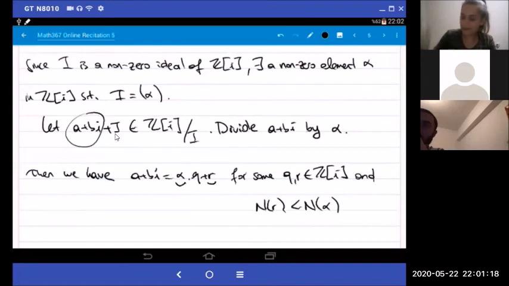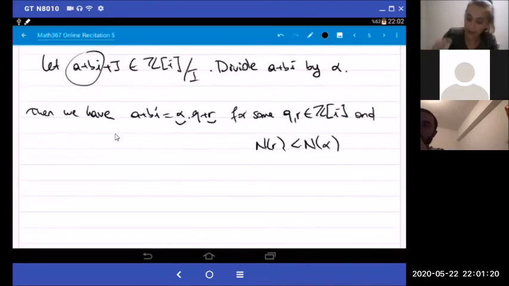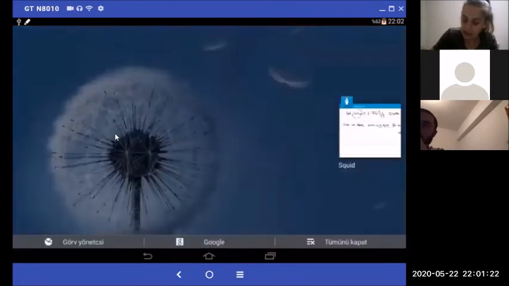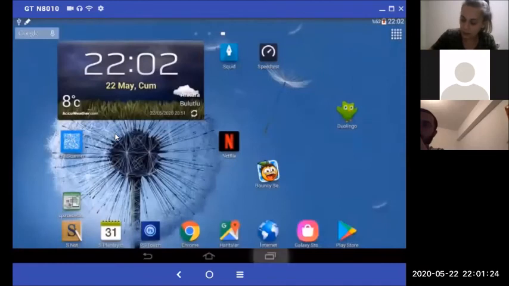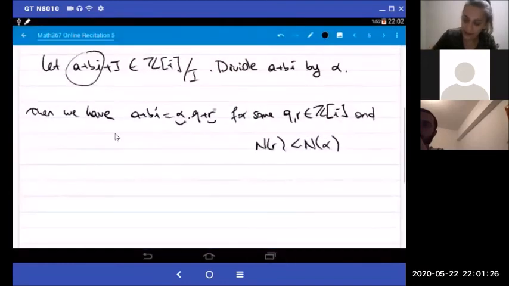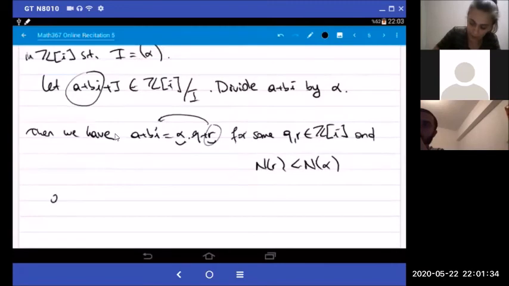Now just take this r to the other side of the equality to obtain an element from the ideal I: a plus bi minus r is equal to alpha times q.